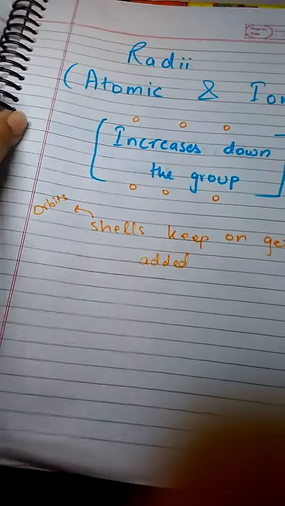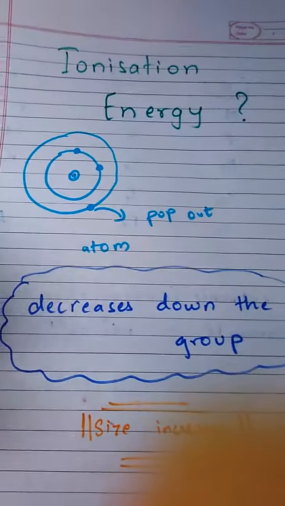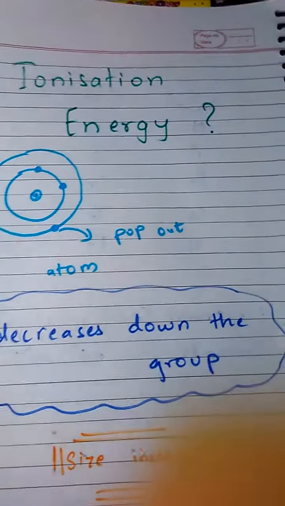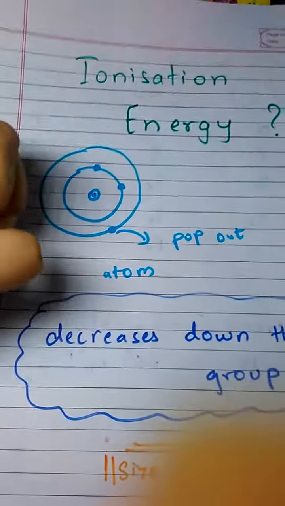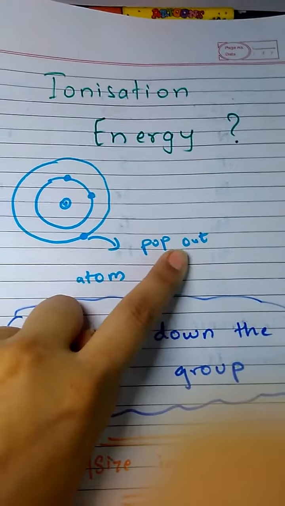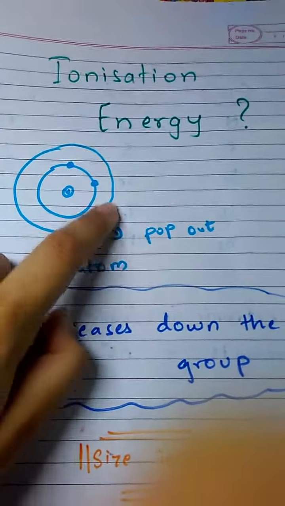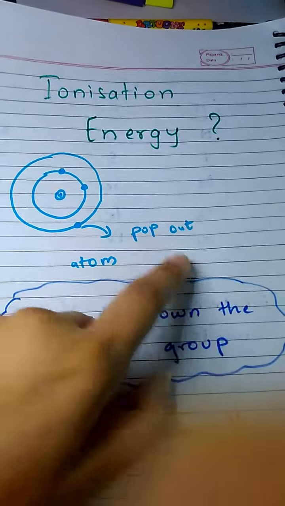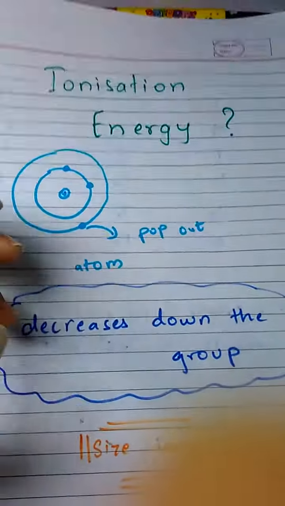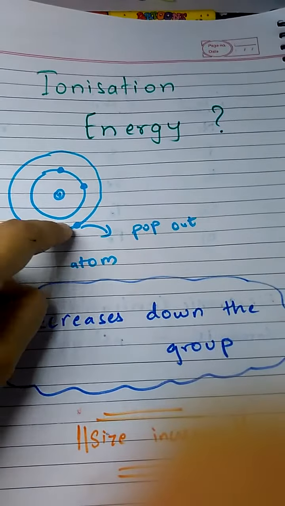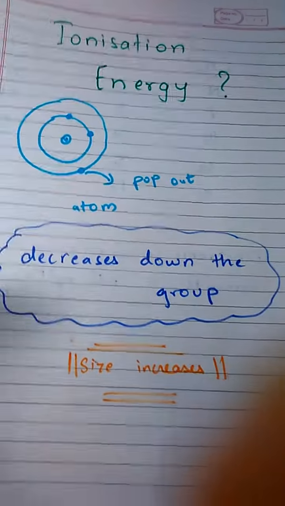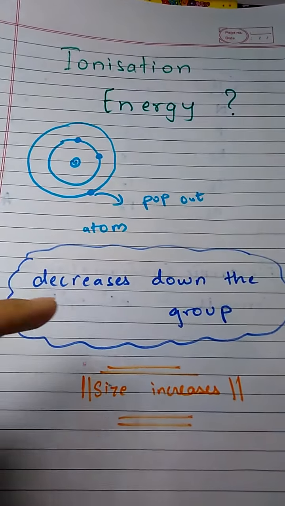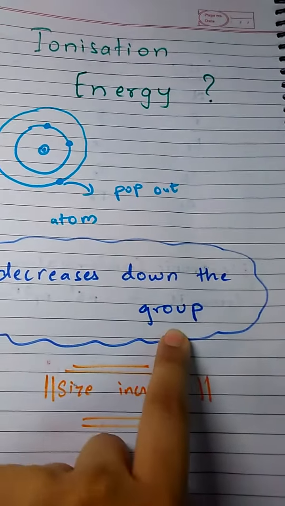We'll move up now to ionization enthalpy. Now, what is ionization enthalpy? Ionization enthalpy is the energy that an atom needs to pop out an electron, like the valence electron. So that much energy which is needed for an element to pop out one electron is ionization enthalpy. Here we can see that it decreases down the group.